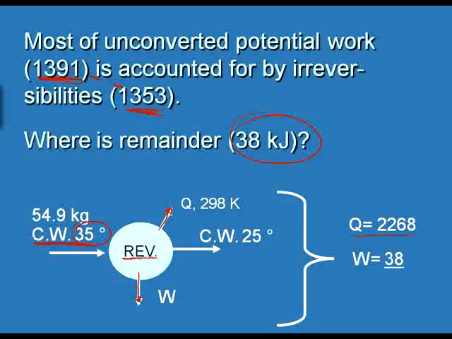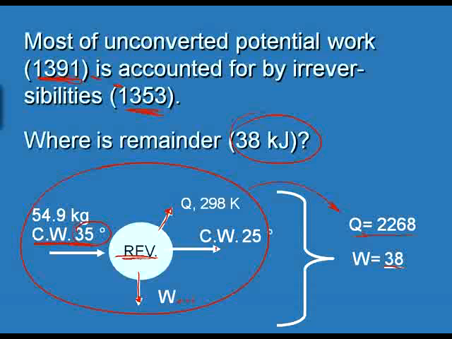If we brought that cooling water back down to its low temperature, and when we do the entropy balance and the energy balance on this reversible device, and I'd encourage you to do this, you find that Q, this is Q to the surroundings from this idealized reversible device, and the work that we could possibly produce, this is the maximum work we could produce out of any cycle, comes out to 38.